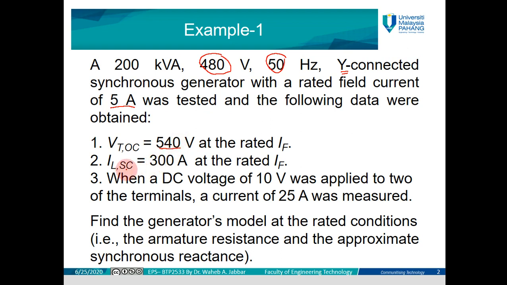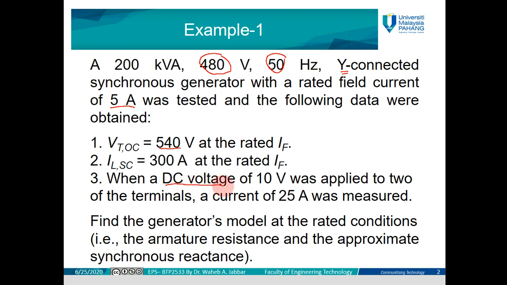Then we have the short circuit or load current in the short circuit test, which is 300 ampere. Both are tested at the rated IF, so the field current is always equal to 5 amperes. Then a DC voltage of 10 volt was applied.